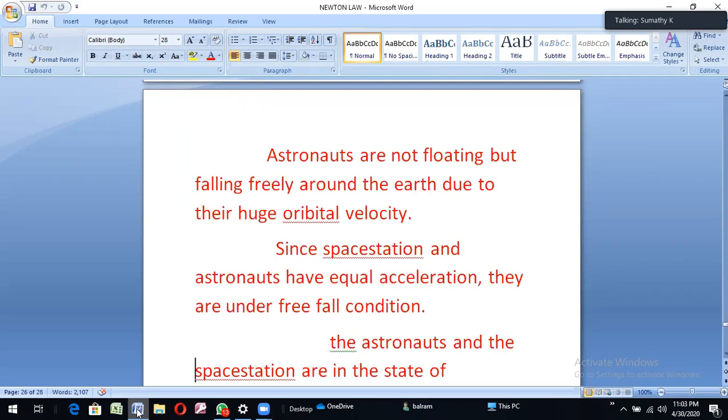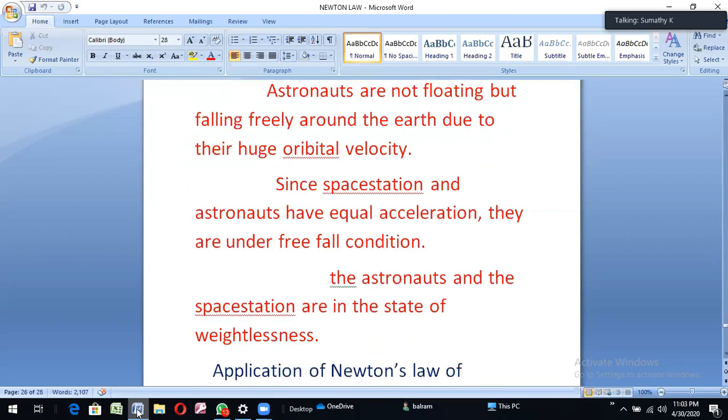The apparent weight is equal to 0. So they are in free fall conditions. The astronauts and the space station are in the state of weightlessness, because R is equal to 0.